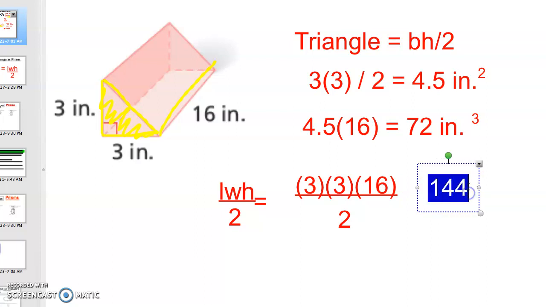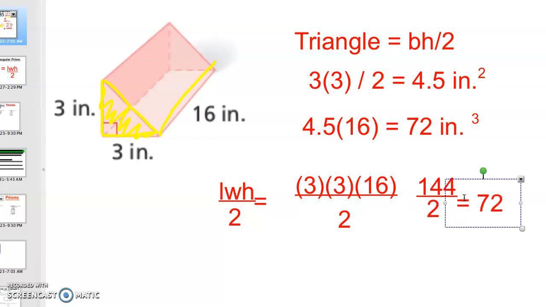And then 144 divided by 2 is 72. And I'm not going to forget my units, inches cubed. So again, two different ways that you can solve it.